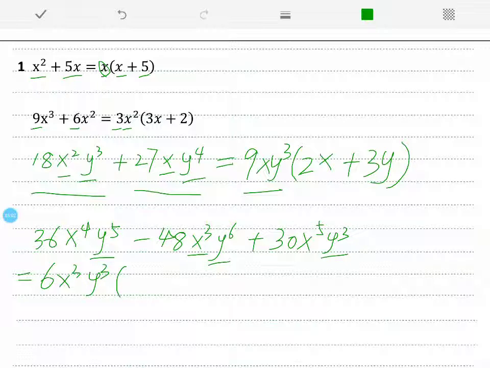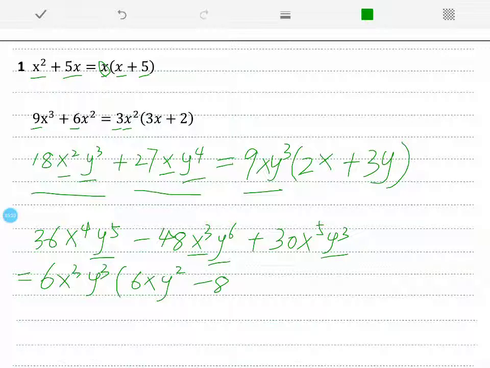Okay, so the common factor times what equals the first term, 36x to the power 4 y to the power 5? That is 6x y squared. Then minus, 6 times what equals minus 48, so minus 8.